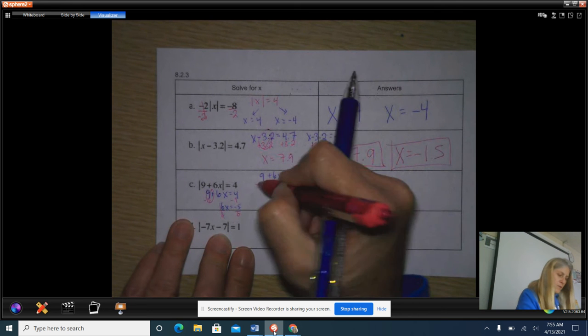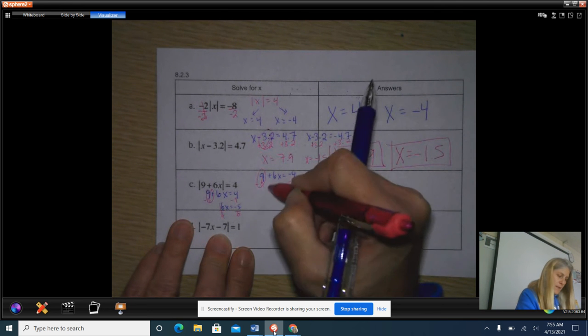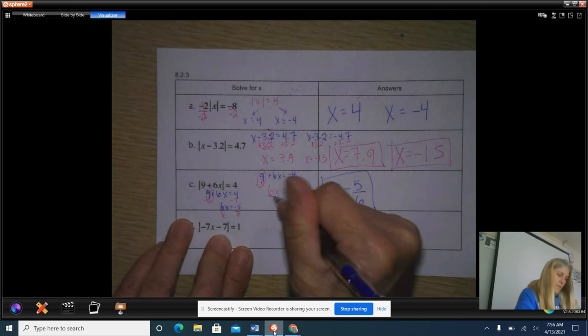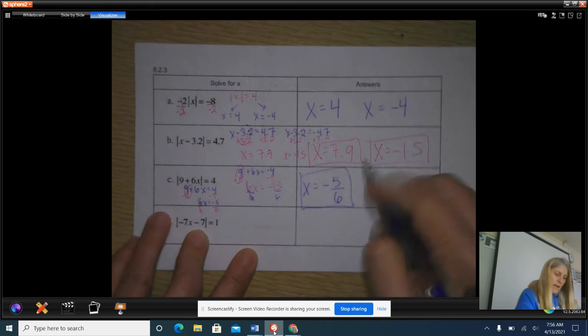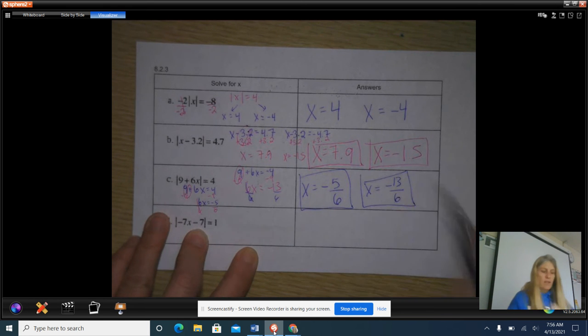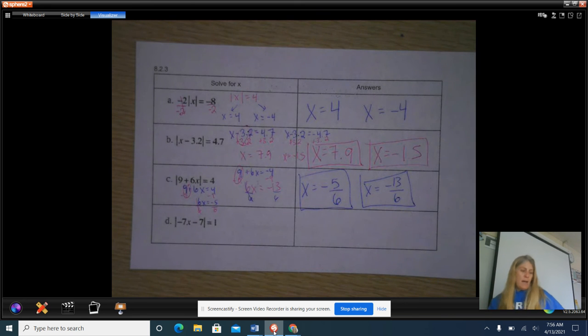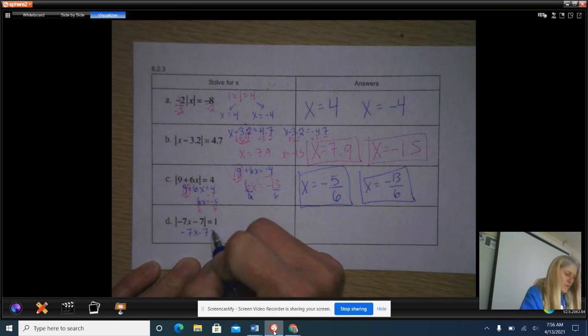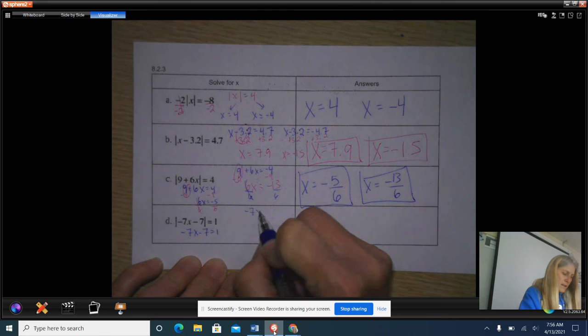Our second one here, we're going to subtract 9 from both sides, and we get 6x is equal to -13. Divide both sides by 6, and our other x is equal to -13/6. You can leave it as a fraction, or you can use it as a decimal. However, if we have something that's a repeater, we generally tend to leave it as a fraction so we don't have to round.